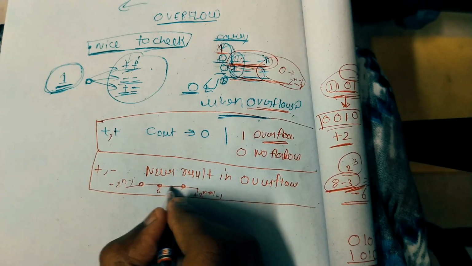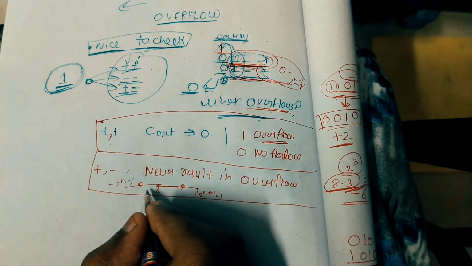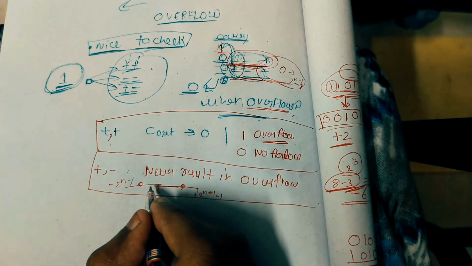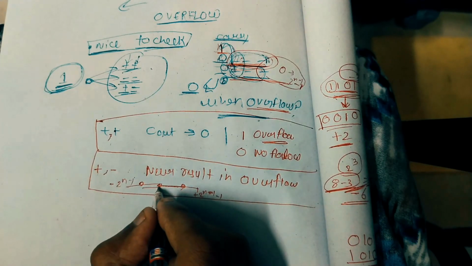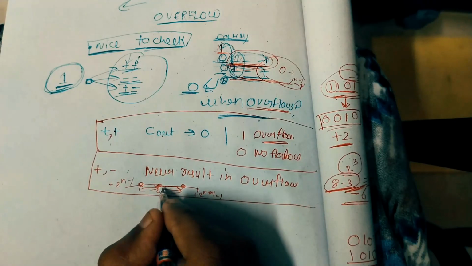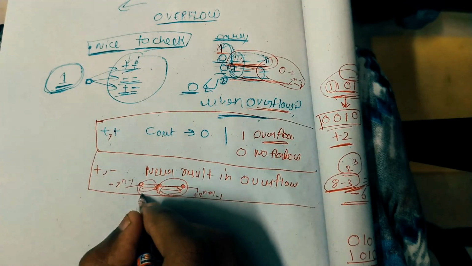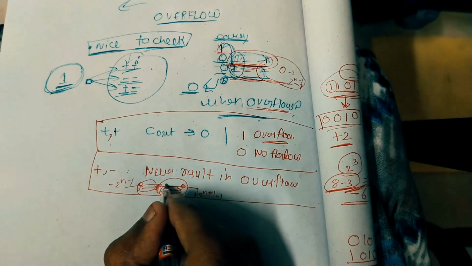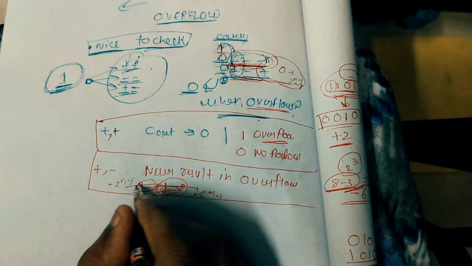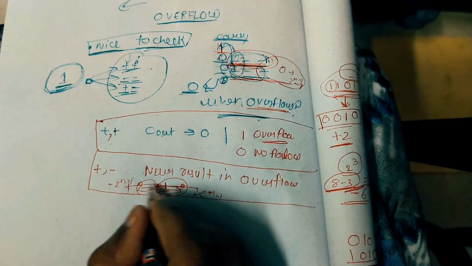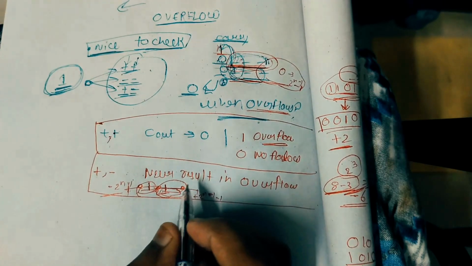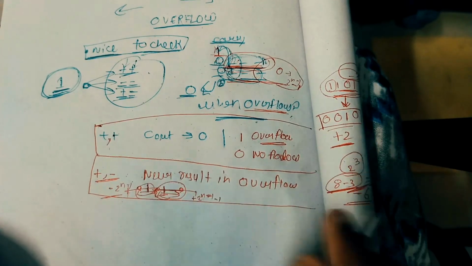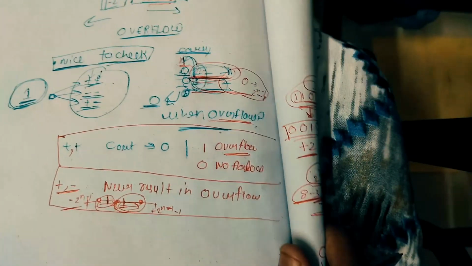Whichever has greater magnitude, we just need to cut that much amount from the other magnitude. Suppose this magnitude is greater than this magnitude, then the resulting number would lie somewhere here. And if the magnitude of the negative number was greater, the resulting number would lie somewhere here, but it can never overflow. So this case is nothing to worry about.